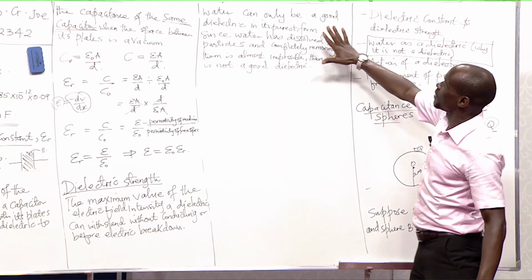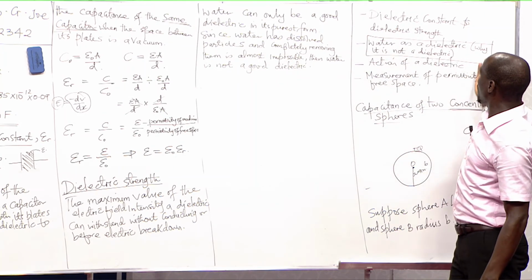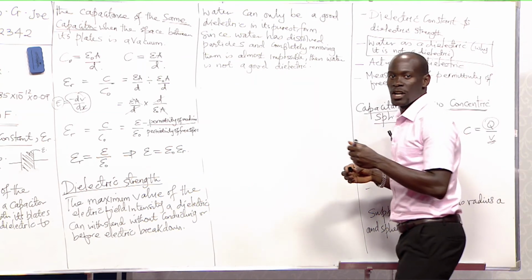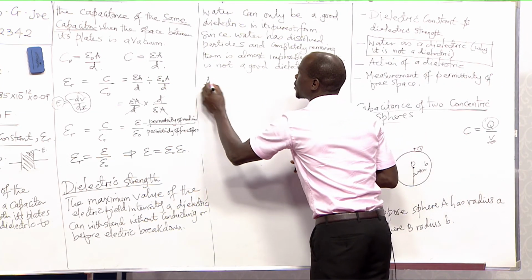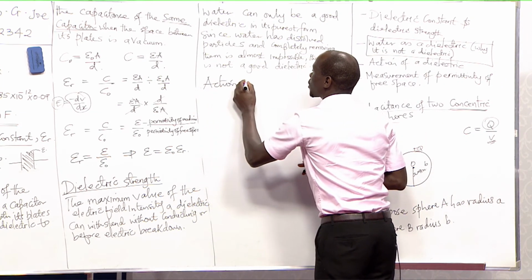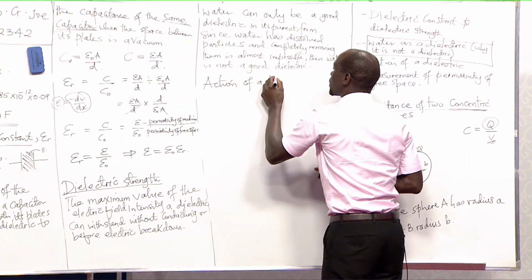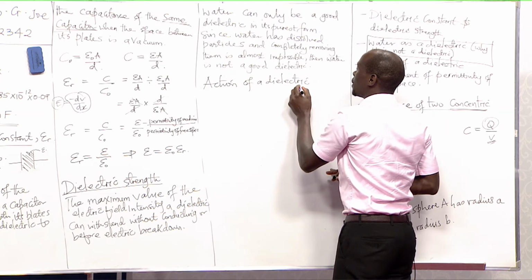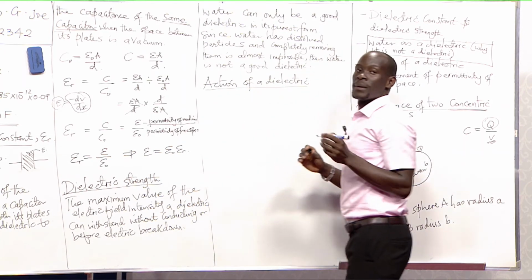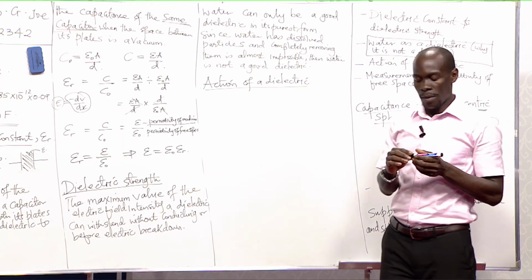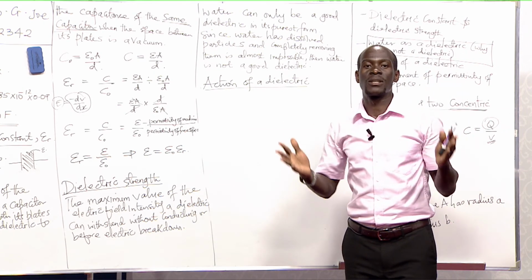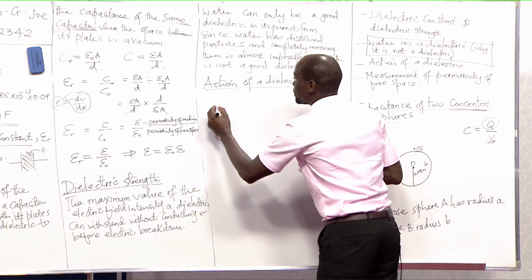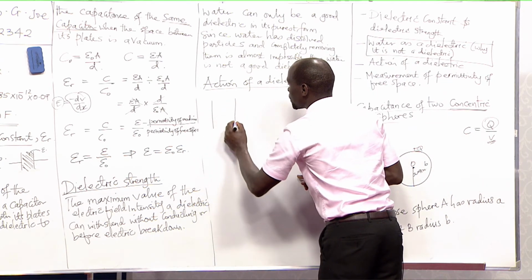Having looked at this, we can now look at the action of a dielectric. Action of a dielectric. How does the dielectric work? We can imagine we have our polarized capacitor, or our charged capacitor. And this is the charged capacitor.